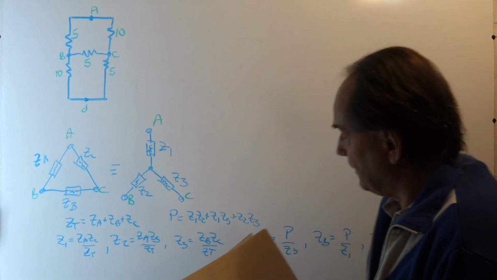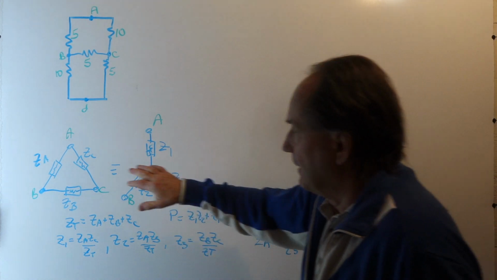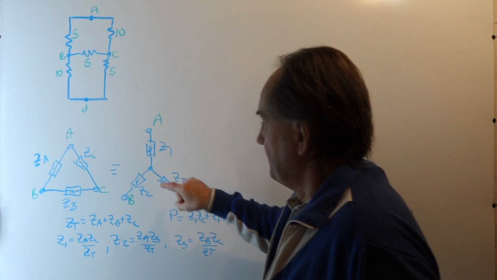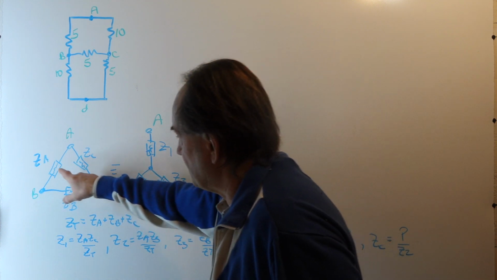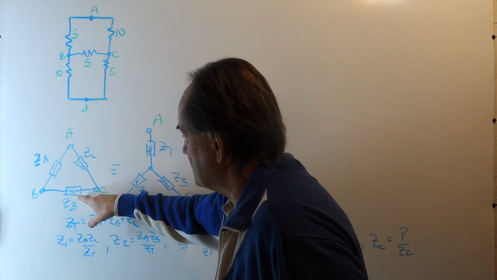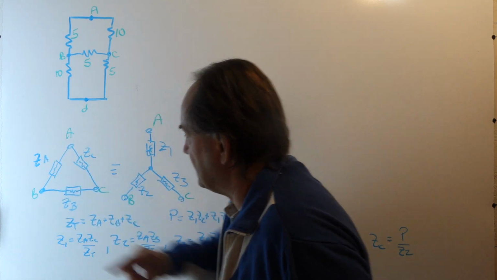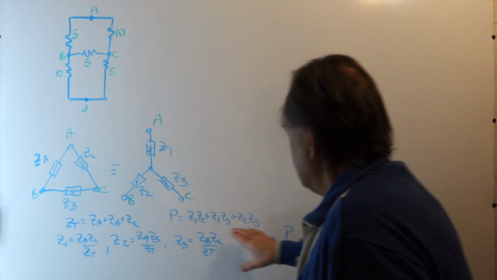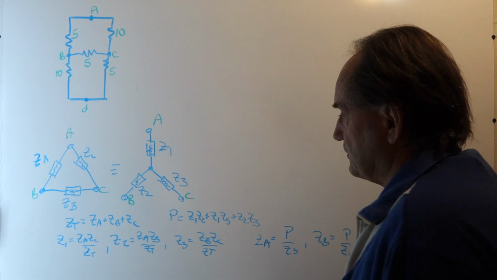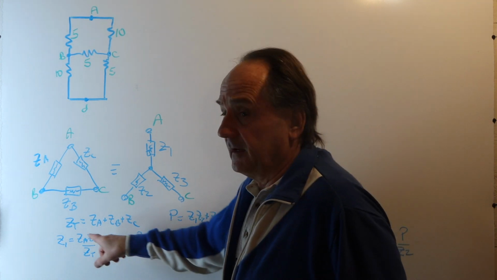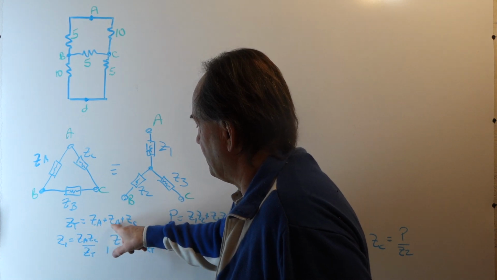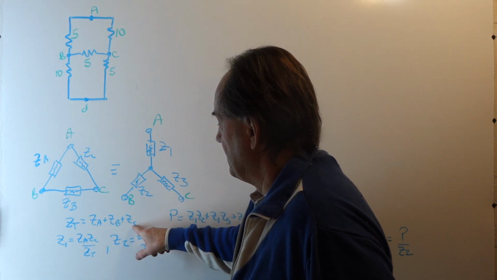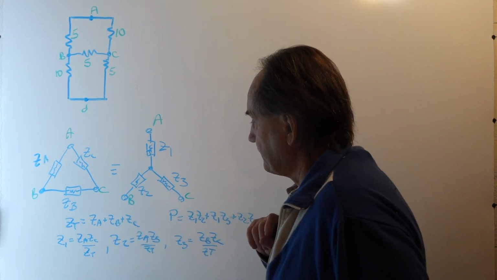To get the equivalency, the representation of Z1, Z2, Z3 in terms of ZA, ZB, ZC in the delta connection, these are the conversion factors. Now, I define Z total in the delta network as the sum of the three elements, ZA, ZB, ZC.